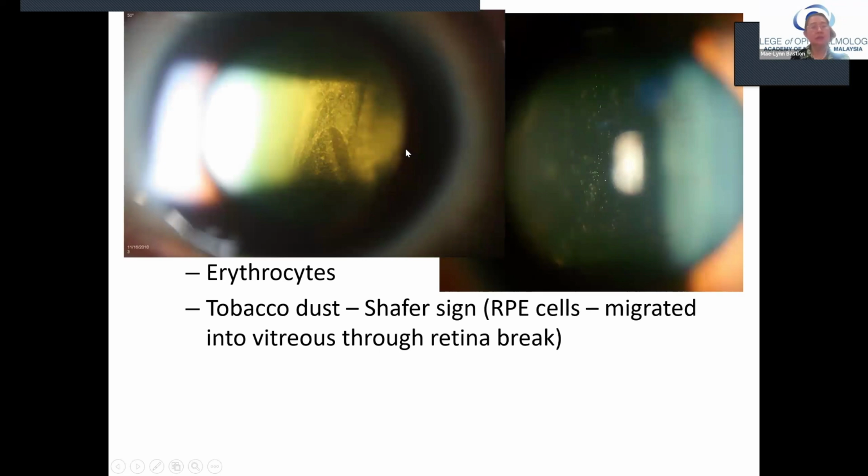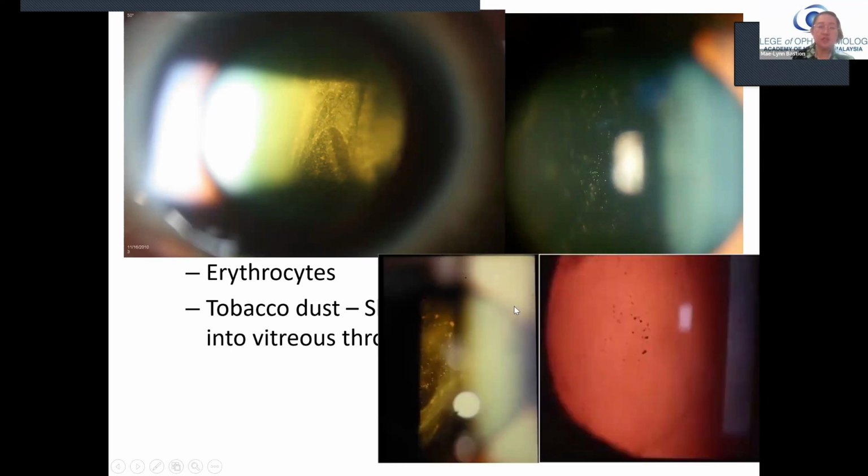In a situation of perhaps a B-cell lymphoma, you could get these sheets of cells as well. In a patient who may have a retinal tear or rhegmatogenous retinal detachment, you can get this transillumination effect where you see these spots, but more telling is when you look at the vitreous and see these slightly larger cells with a tan-colored appearance, which we like to call tobacco dust.